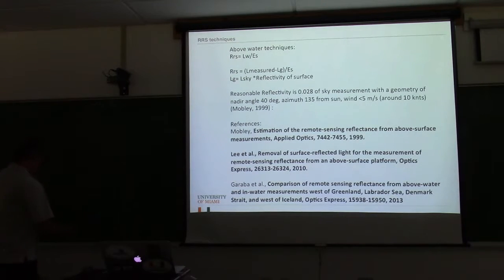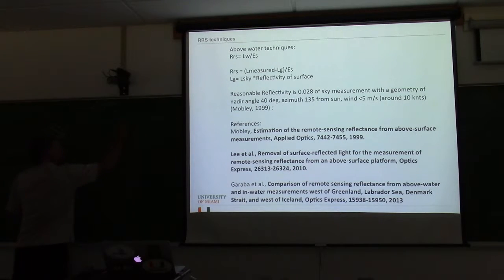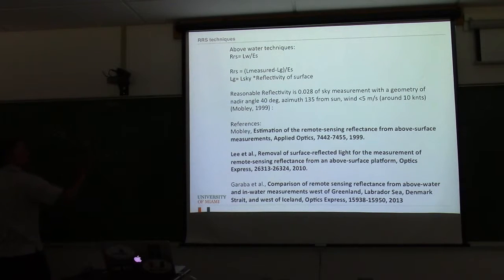So you can see I'm making a measurement looking down like this with my detector at the surface. Some of it's going to be light that comes up, and so this is LW minus. What you look at above the surface is LW plus. But some of the light also is skylight that's come down to the surface and bounced up.